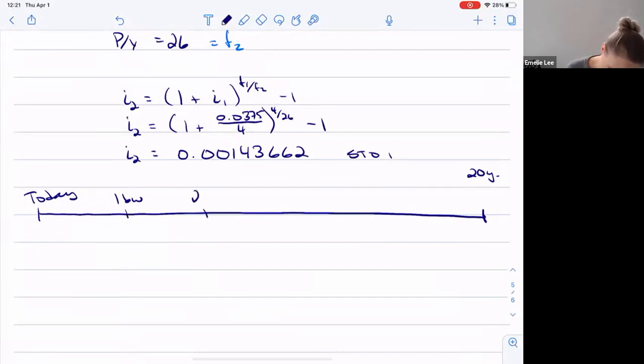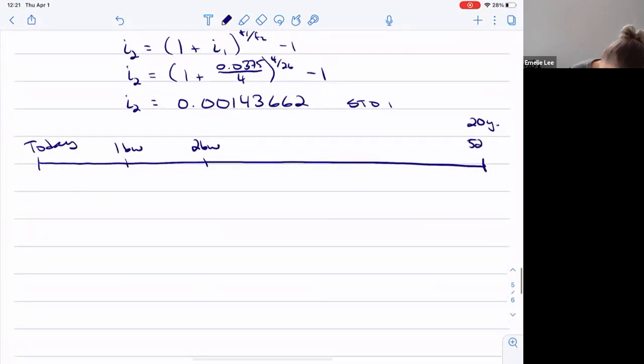It's really just to map out what's going on. In 20 years, 20 times 26 makes 520 bi-weekly payments, which makes the second to last one 519 bi-weekly. Connect those with a dot, dot, dot.